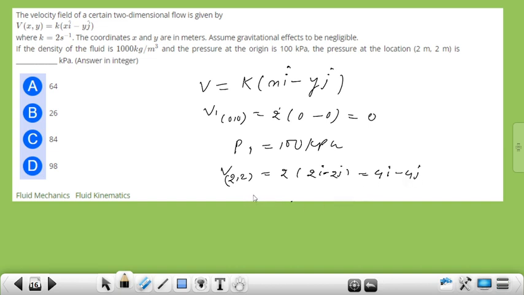So the magnitude of velocity is equal to root of 4 square plus 4 square, which is root 32, so v2 is equal to 4 root 2.